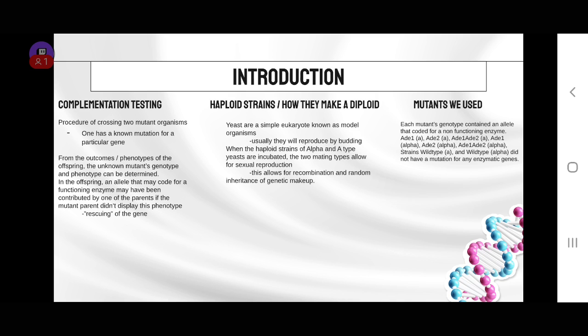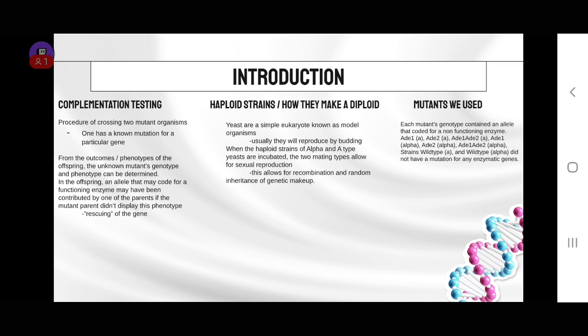We have a mutant for ADE1, ADE2, and ADE1, ADE2. Now that ADE1, ADE2, that's our double mutant. And this particular strain has a recessive allele for both the ADE1 and ADE2 enzyme in the pathway. We also have the alpha and A types of those mutations.